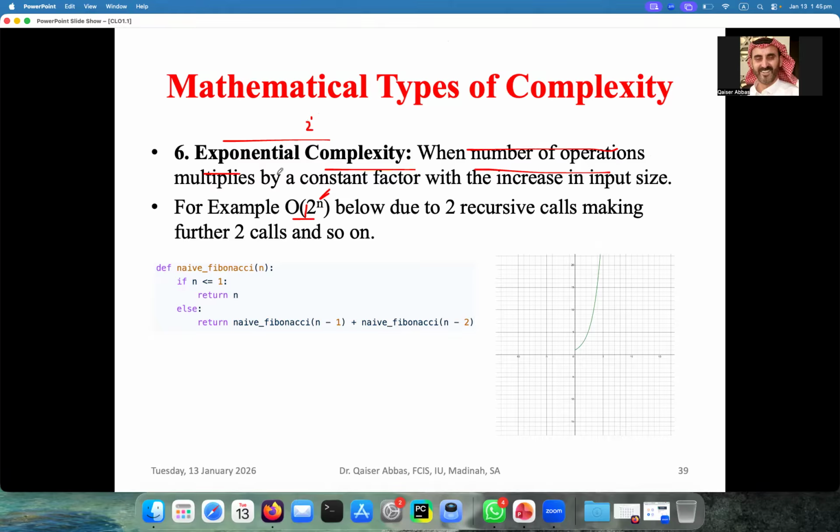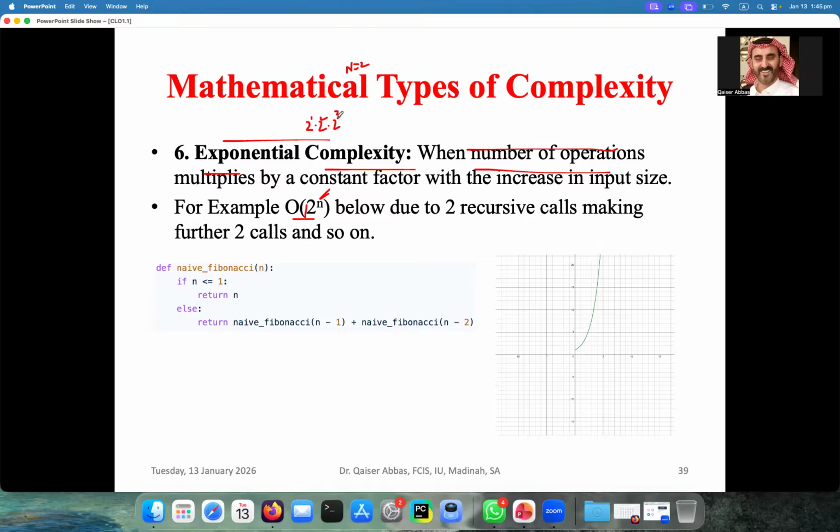When the size of the input is doubled, if n is equal to 2, first I have taken n equal to 1 element, then if I increase the size, 2 raised to the power 2. Similarly, I increase again, then 2 to the power 3.